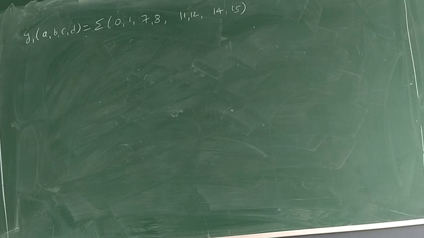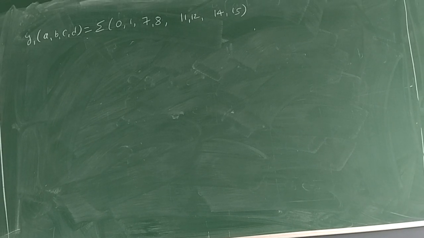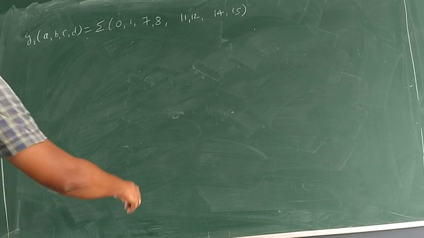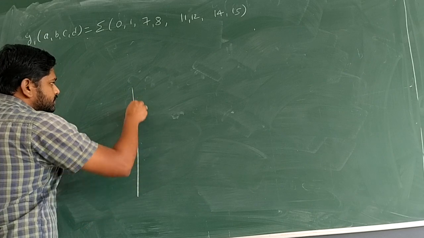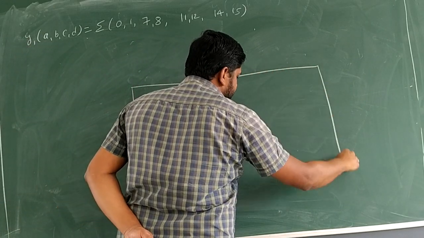It is high for 0, 1, 7, 8, 11, 12, 14, 15. So this is the one problem given. Now let's write a K-map of 4 variables.